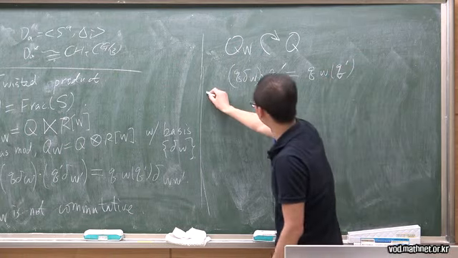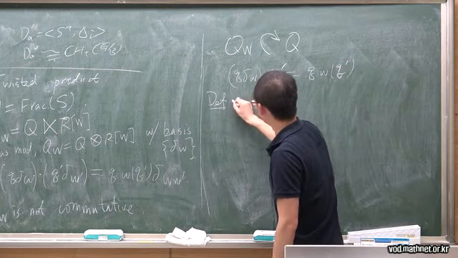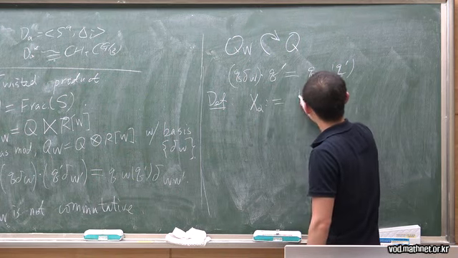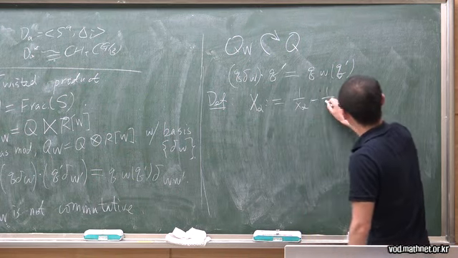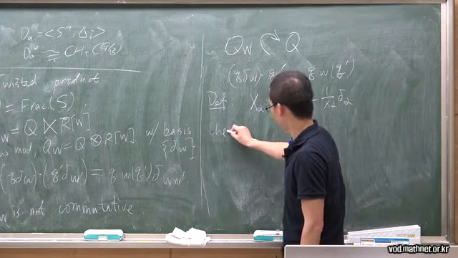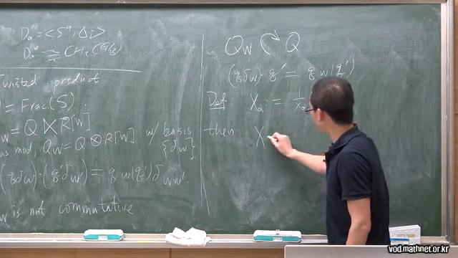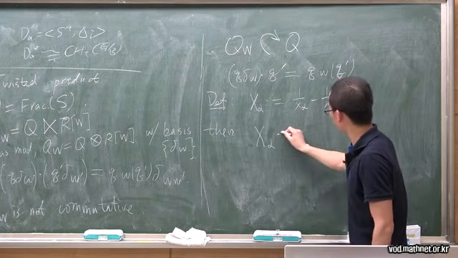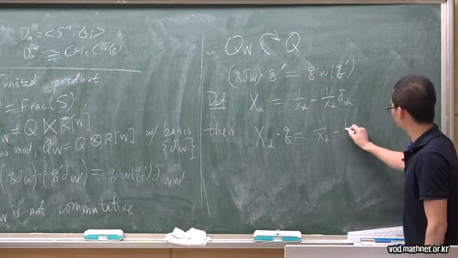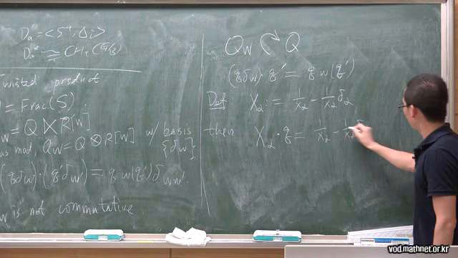For example, if you define the following element as alpha, it's going to be 1 over x alpha minus 1 over x alpha delta alpha. Then if you look at x alpha acting on q, it's going to be 1 over x alpha minus 1 over x alpha delta alpha acting on q.